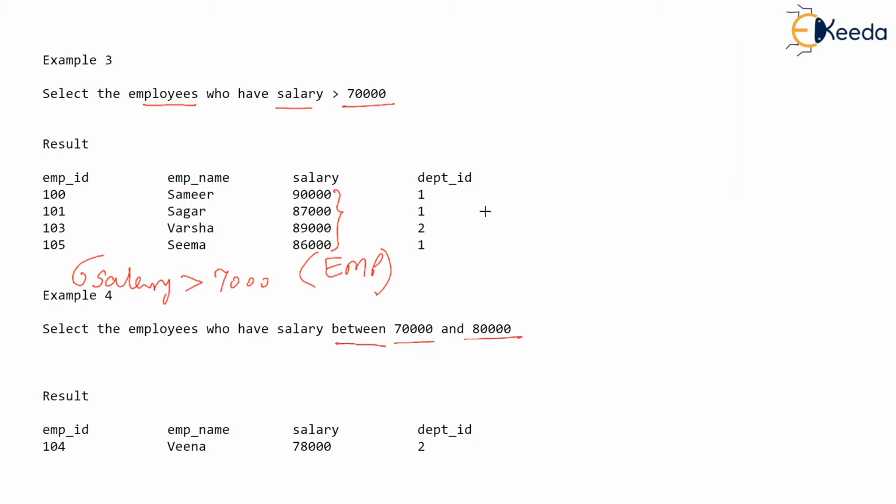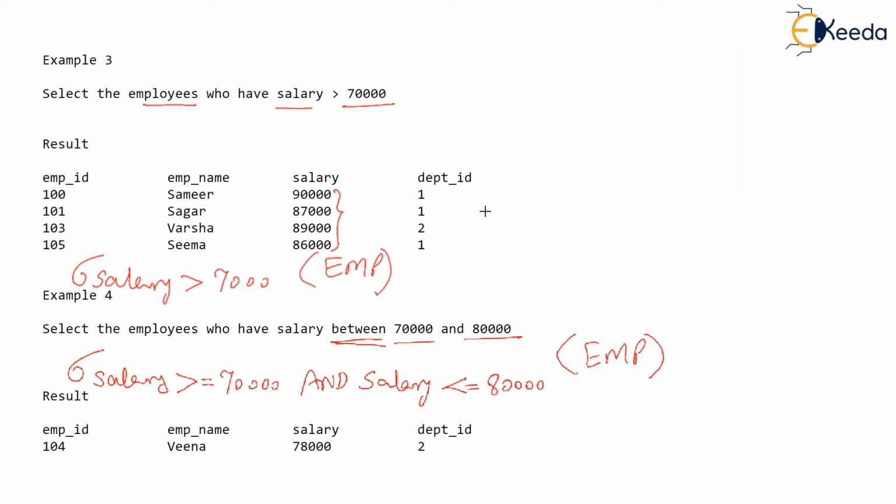So we will write this relational algebra expression as select only those employees where salary is greater than or equal to 70,000 and salary is less than or equal to 80,000 from the EMP table. As you can see, only those employees whose salary is between 70,000 and 80,000 have been selected, and there is only one such employee.